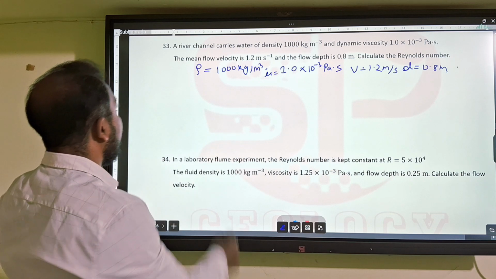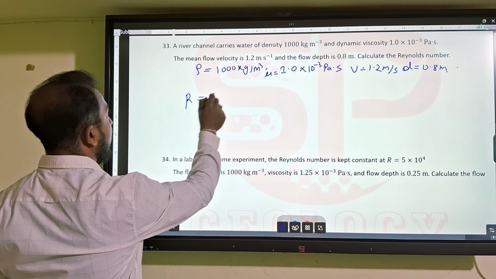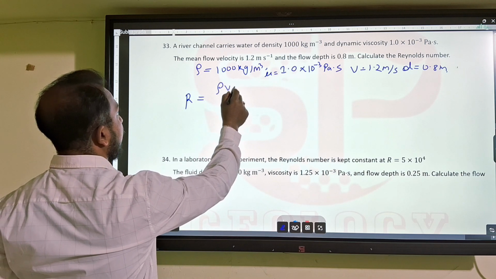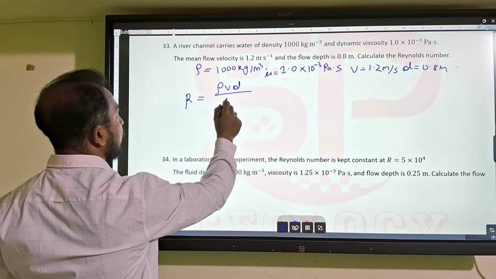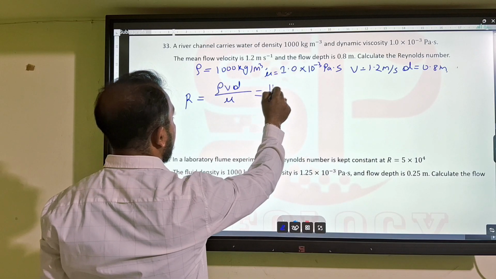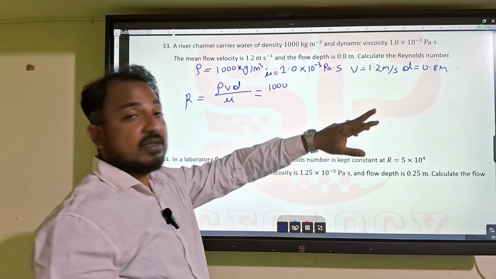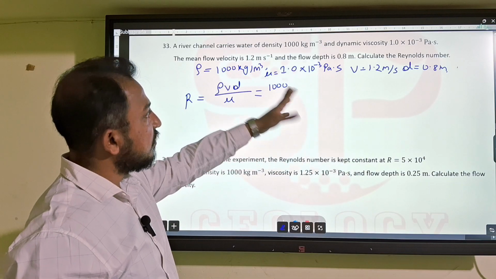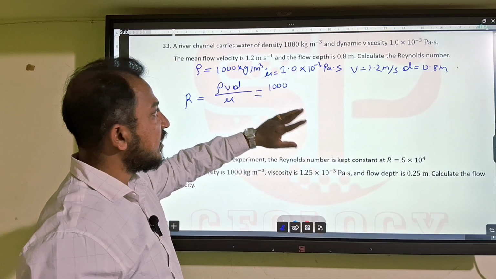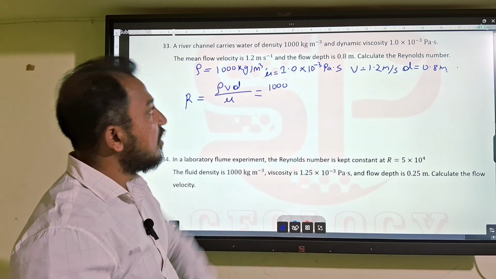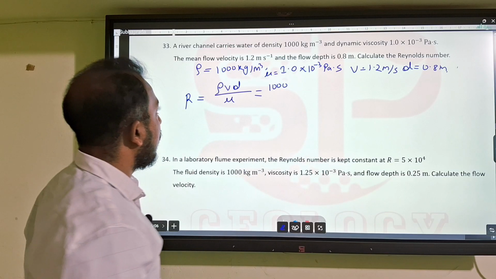So we'll have to calculate the Reynolds number. The formula is rho V D divided by mu. Rho is given 1000. You see, all are in SI units, so you don't have to convert anything. In this type of problem, you have to carefully check whether all are in the same unit or not. If they are not, then you have to convert.